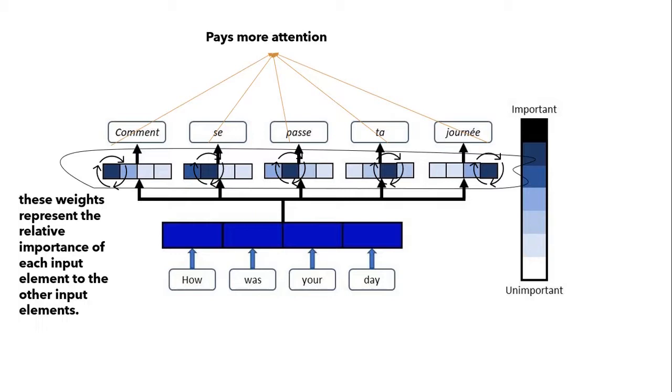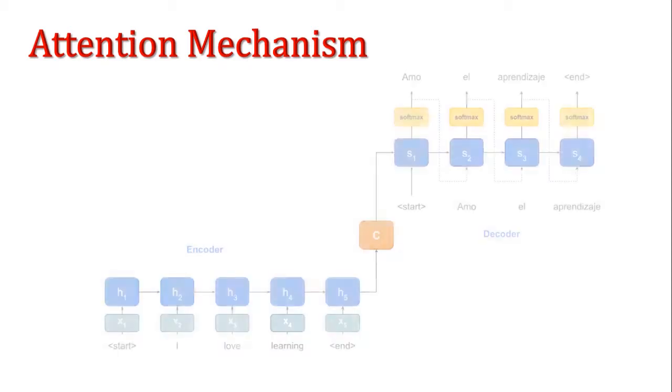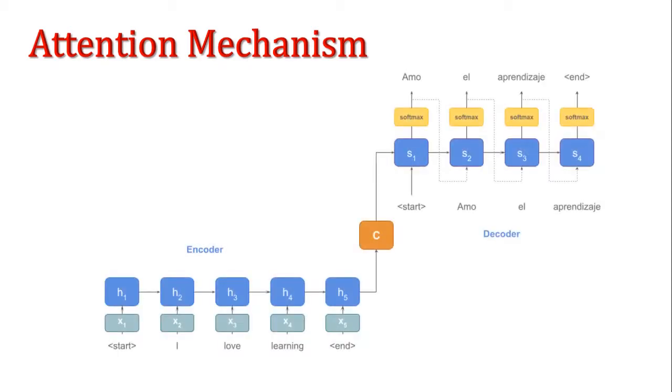So guys, attention mechanism was first used for machine translation, which was making use of sequence to sequence models, where we pass the input sentence to an RNN, as you can see on the screen, and it functions as an encoder. Here I have denoted it with letter H and letter S for the decoder.